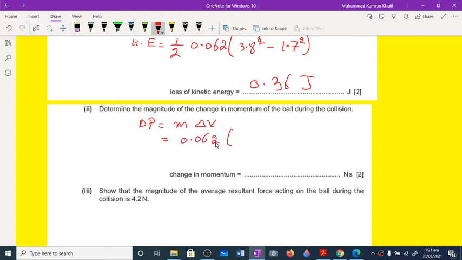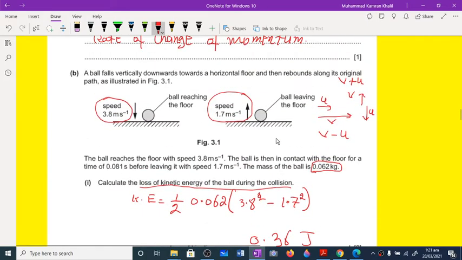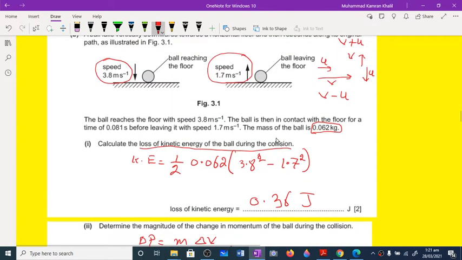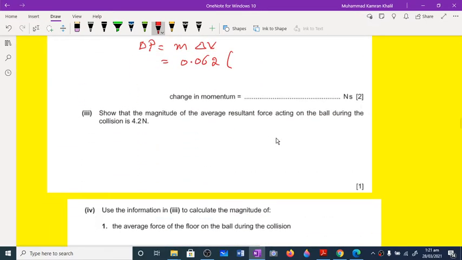And I have earlier mentioned that the balls are traveling in opposite directions before and after collision. So we will add up their velocities: 3.8 plus 1.7. When you solve all this, you will get 0.34 newton second.